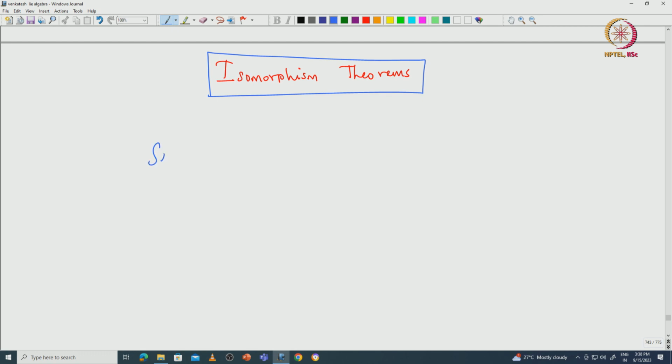So let me recall very explicitly what this is. You take the set of all isomorphism classes of finite dimensional semi-simple Lie algebras.